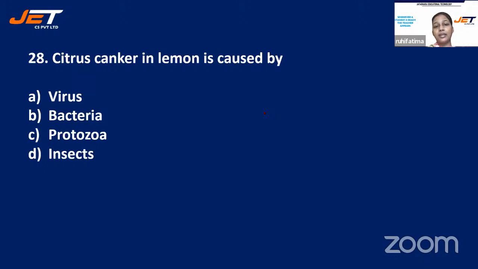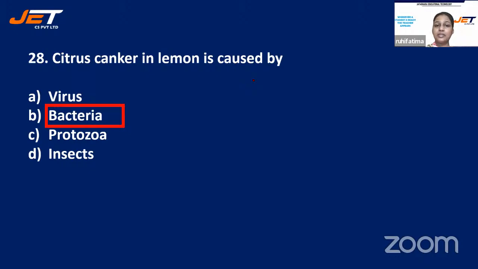Citrus canker in lemon is caused by dash. Virus, bacteria, protozoa, or insects. Come on, students. Anyone ever heard about this disease, citrus canker? No? No problem. I'll tell you, it is a bacterial disease.